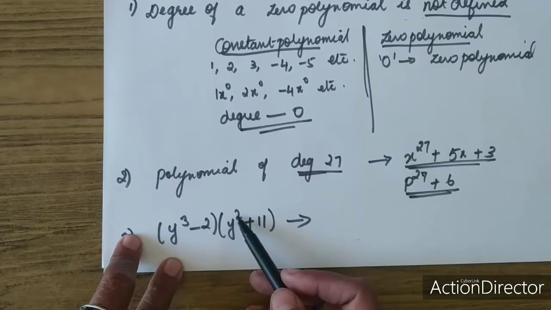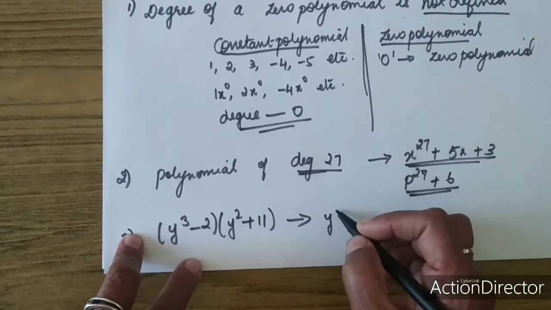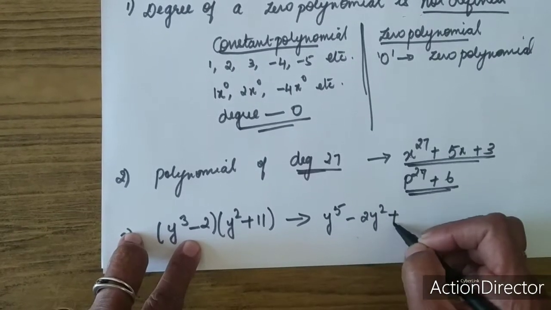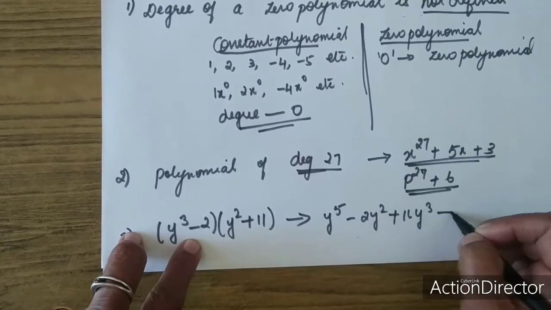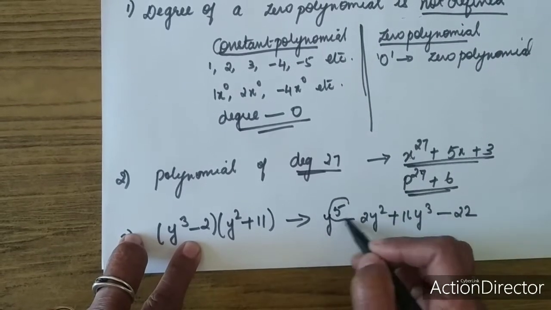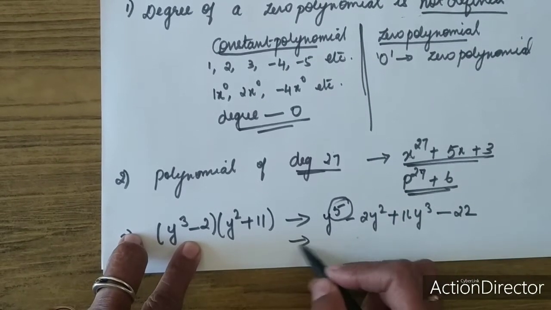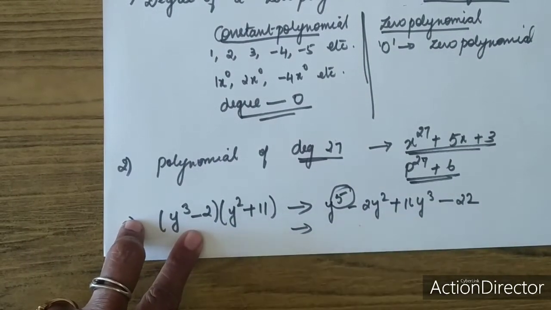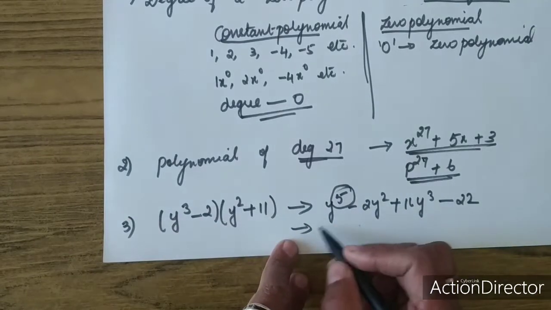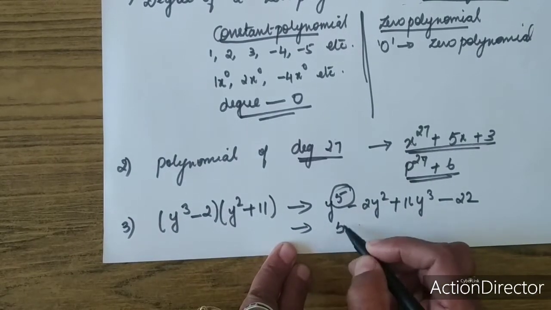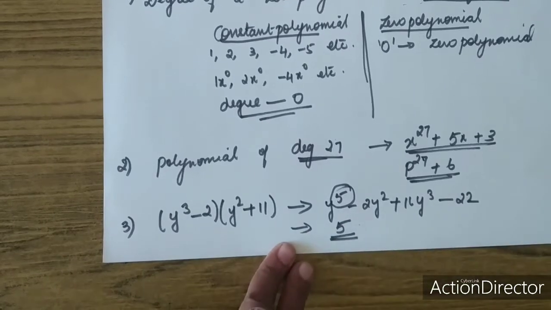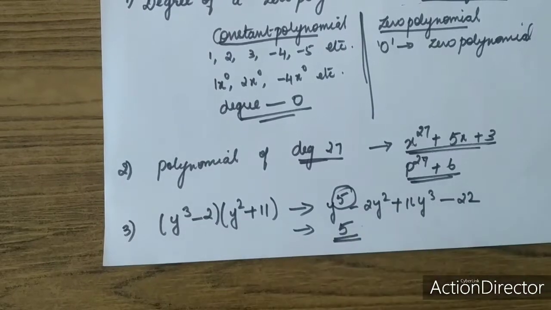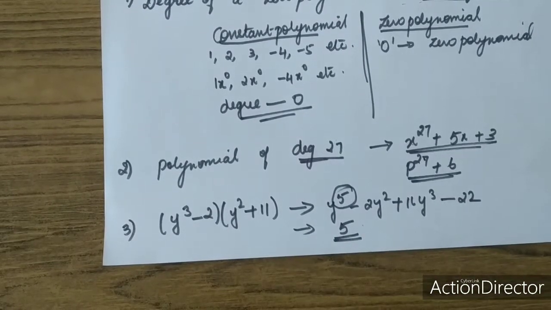When you multiply y power 3 into y square, you will get y power 5, minus 2y square plus 11y cube minus 22. If you observe, the highest degree is 5. So the degree of this product of binomials is 5. First you have to simplify and then decide the highest degree of the polynomial.